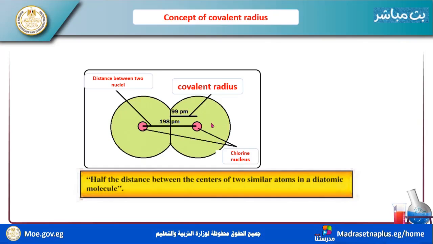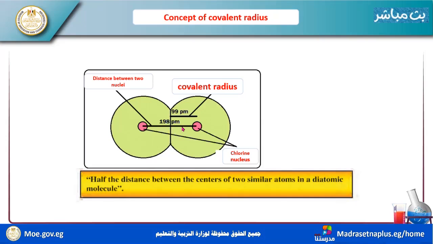You must choose a molecule consisting of two identical atoms, not different, because with these diameters we can determine that the distance between these two nuclei equals 198 picometers.